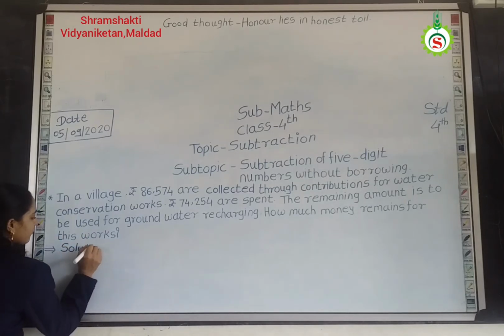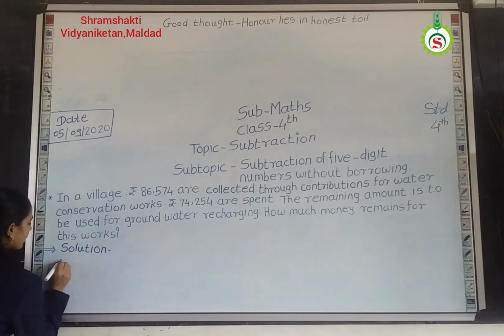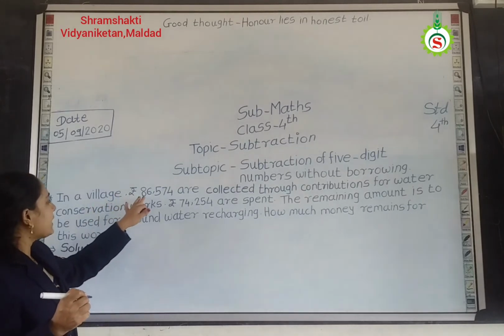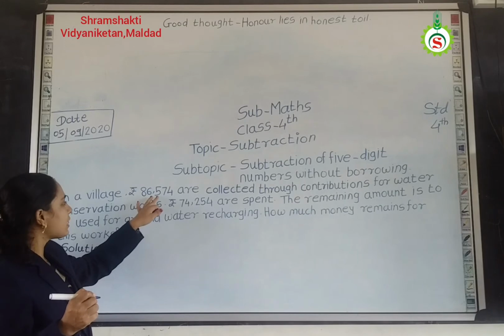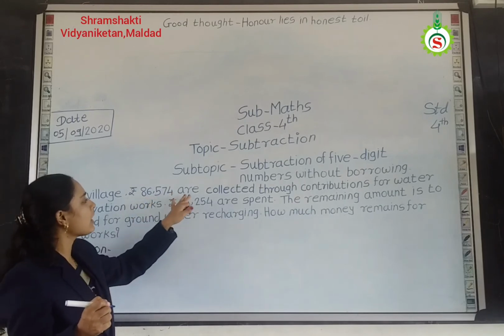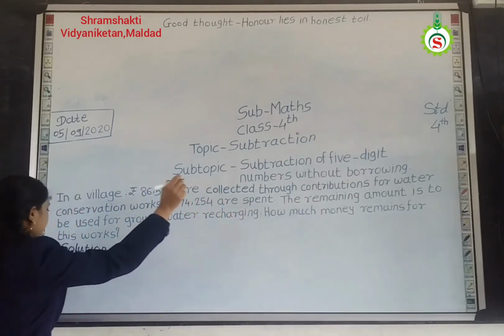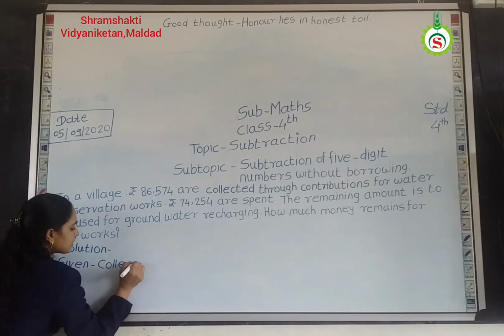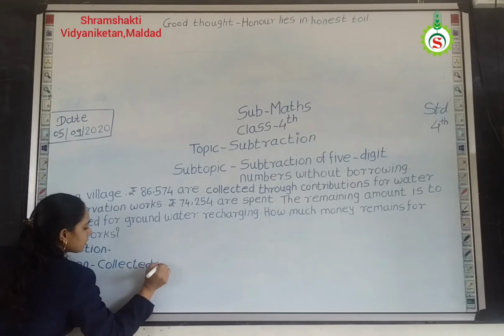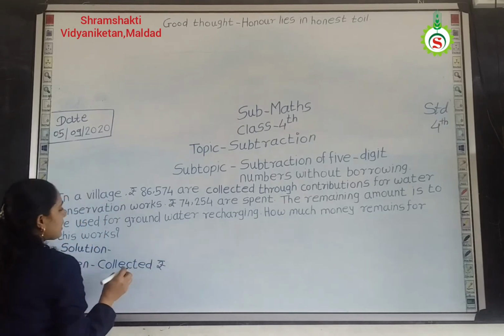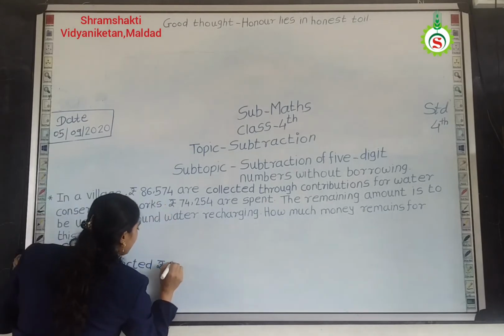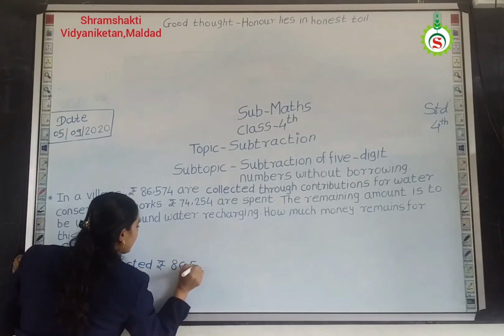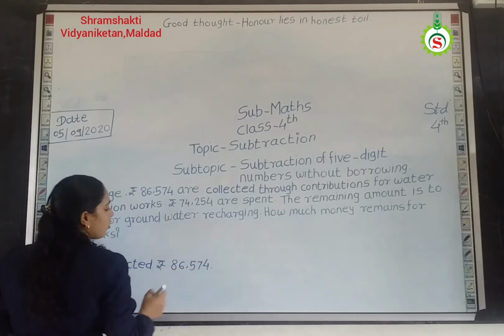Students, first write down the given. What is given in the problem? Rupees 86,574 are collected. Write down here: collected rupees, how much? 86,574.